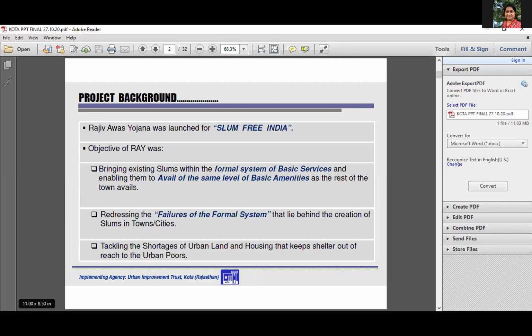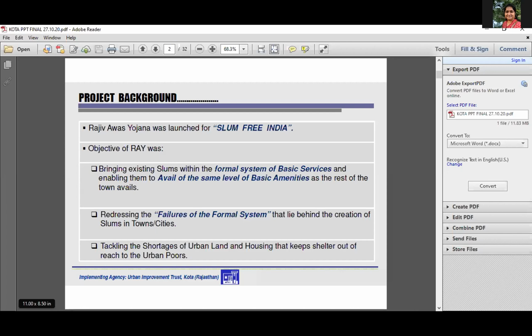Because in our country, slums develop by encroachment on government land or some private land. So development takes place in a very unplanned way, and therefore slums lack basic civil amenities.